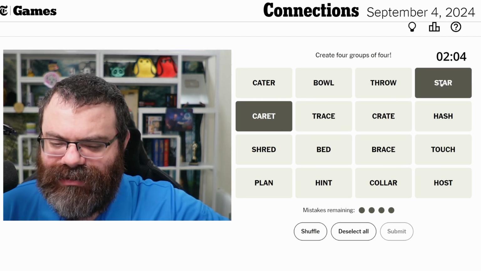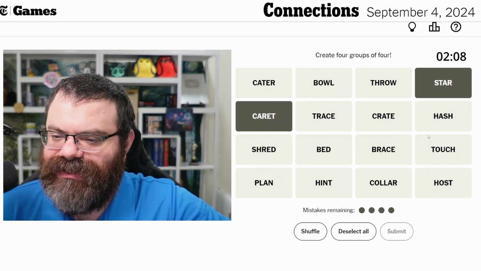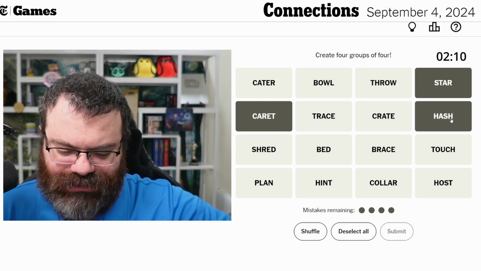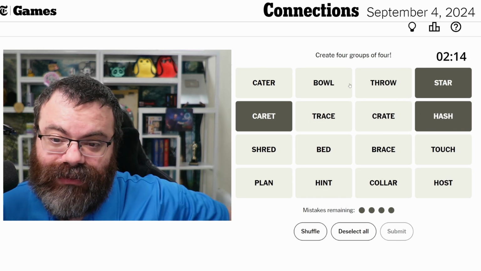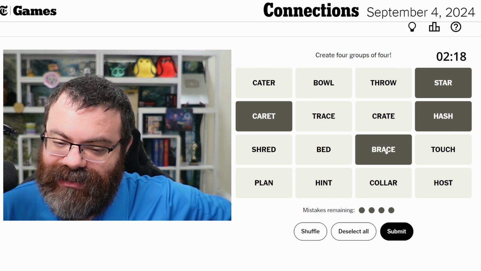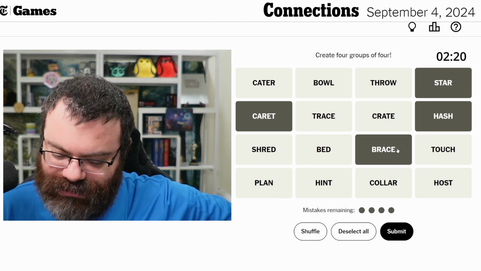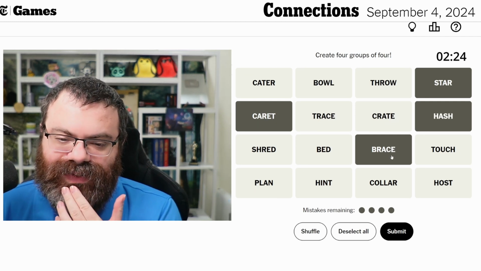Carrot and star are both, you hit Shift 6, Shift 8, at least on a US keyboard. Hash, like a hashtag, that's Shift 3. What's the other one? Brace. Brace is a keyboard character, but it's not holding Shift and pressing a number. Unless they're calling the parenthesis a brace, they could be.